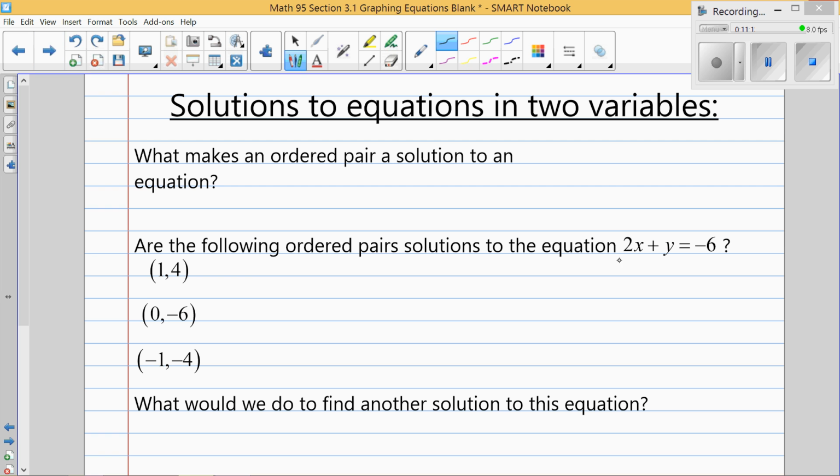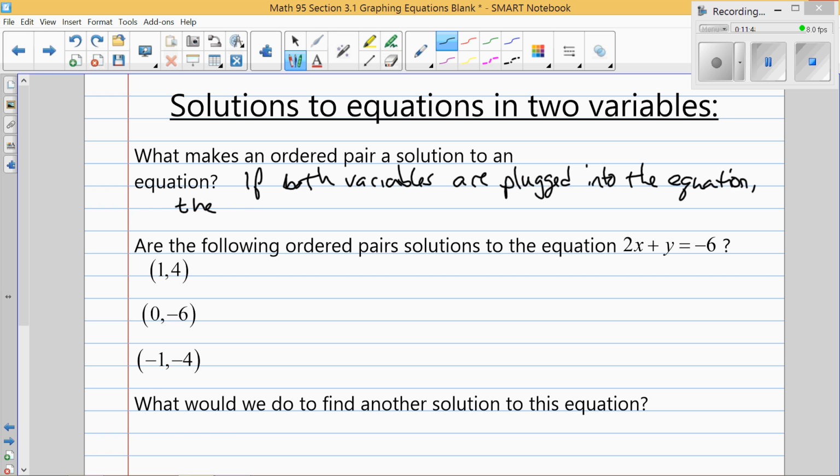If I have an equation, just something with two variables and an equal sign, in order for an ordered pair to be a solution to that equation, if both variables are plugged into the equation, the equation is a true statement. In other words, the left-hand side equals the right-hand side.